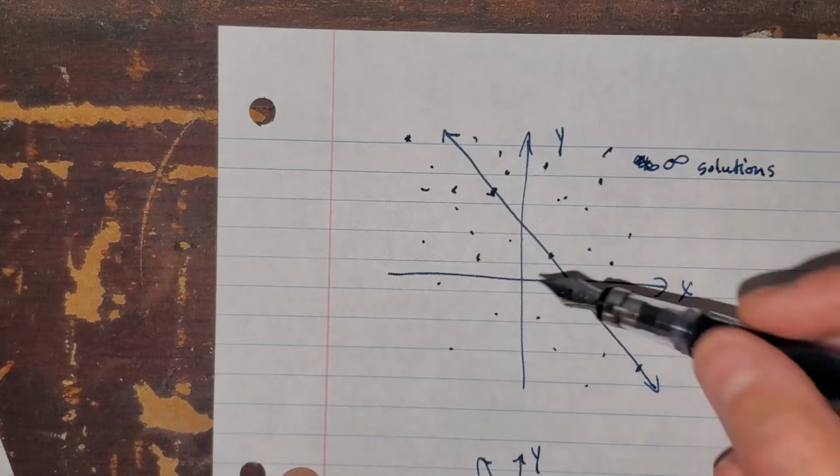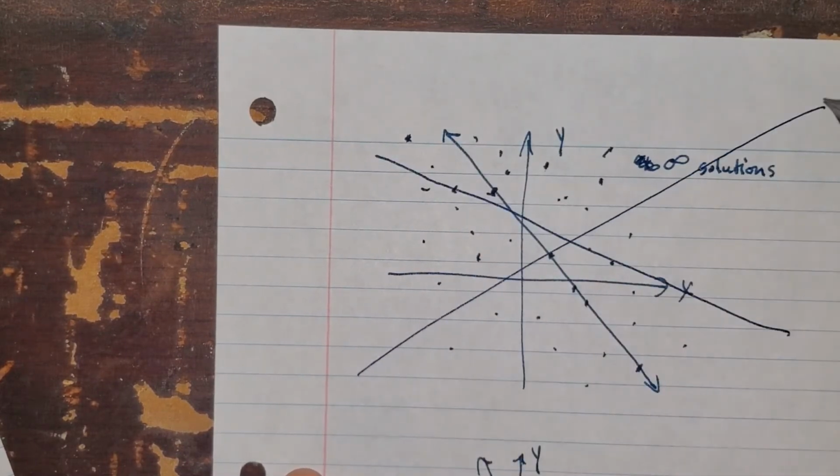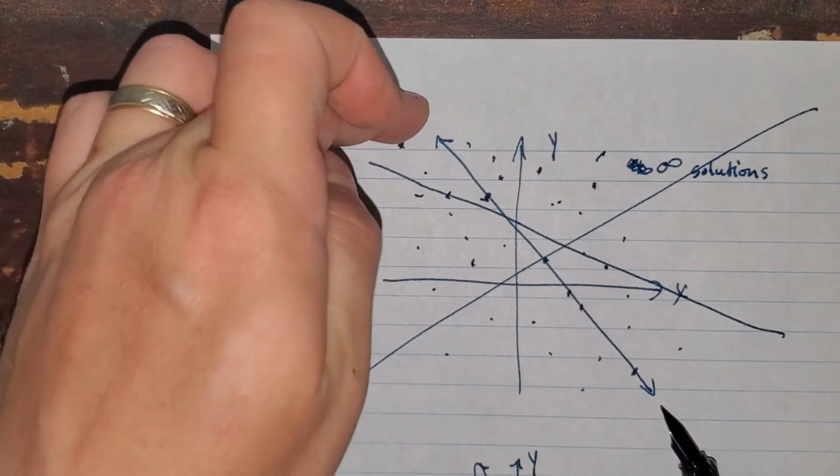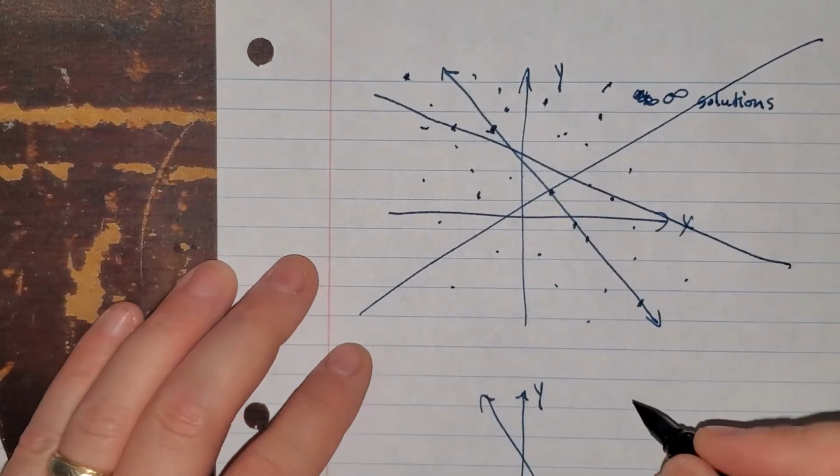That's not right. Again, if you inspect this system, what you'll see is that these two equations are the same line. So you actually have two lines laying on top of each other.